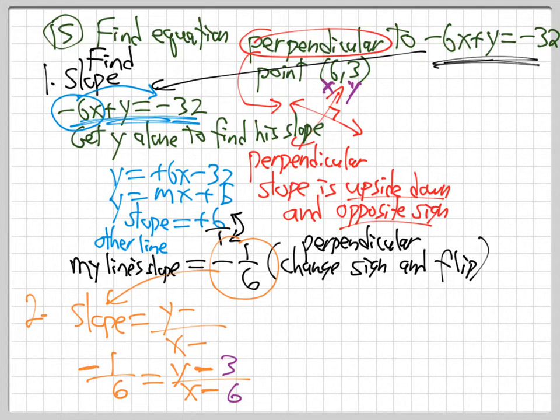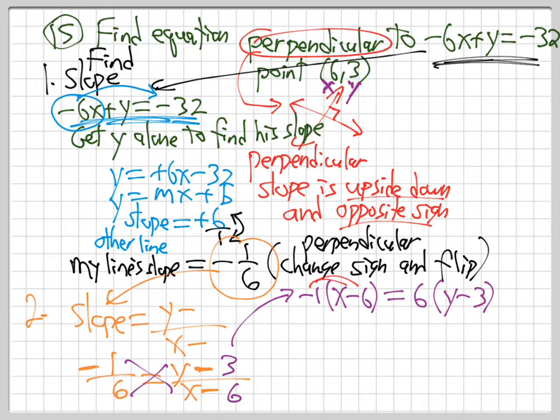What do we do on step 3? Cross multiply. So diagonal, diagonal, bring it up here. Negative 1 times x minus 6 is 6 times y minus 3. And now what do we do? We distribute: negative x plus 6, distribute 6y minus 18.